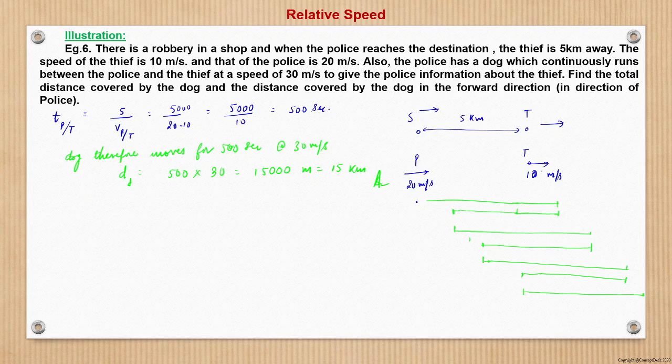Now for the second part, we will again try to interpret the pattern of movement of the dog. What happens? The dog is moving a certain forward distance, right? And then a certain backward distance.